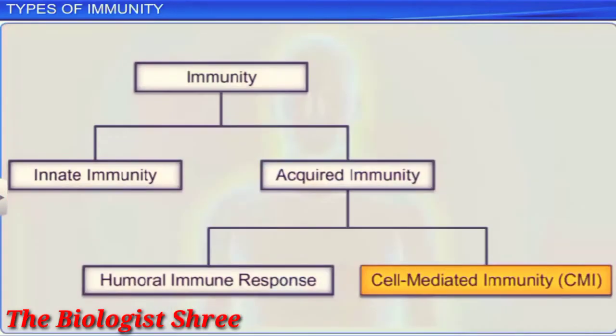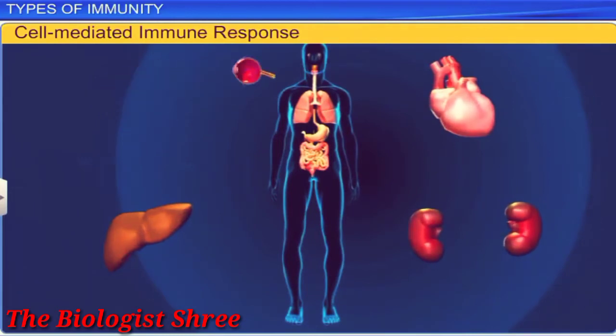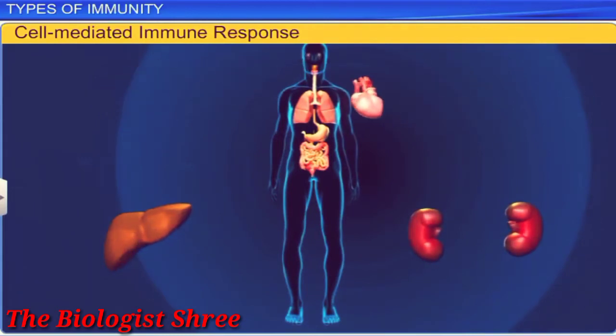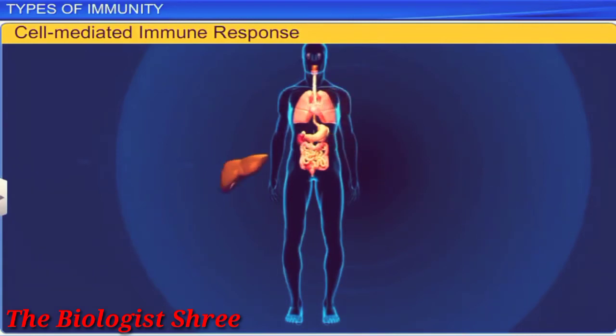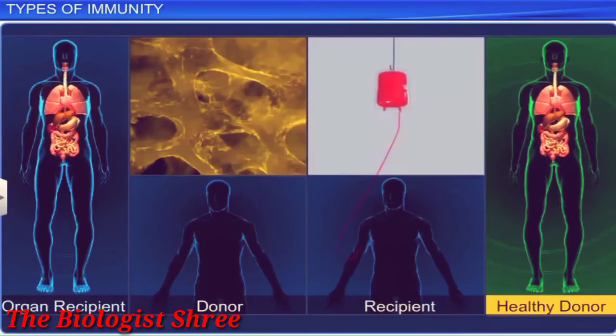The cell-mediated immune response can be best understood with the example of an organ transplant. When organs like the eye, heart, kidney or liver fail, organ transplant is the only remedy. Thus begins the search for a suitable, healthy donor for transplantation.